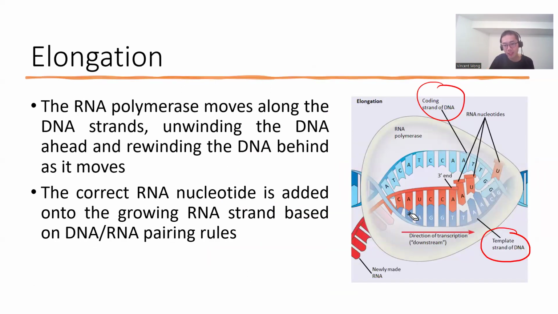When we build off the template strand at the bottom here, we end up having a strand that's the same as the other one. Look, the C matches with the C, the A and the A. T and U essentially is the same thing. C, C, C, C, A. You understand? You end up having a copy of the other strand that we did not use.